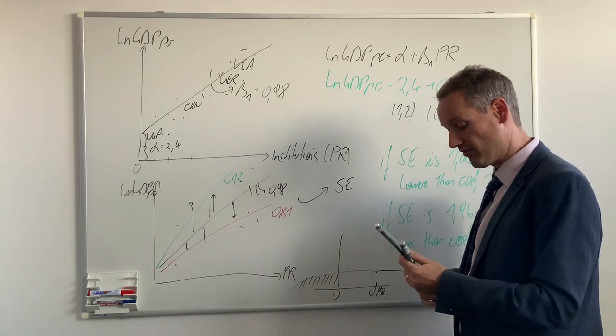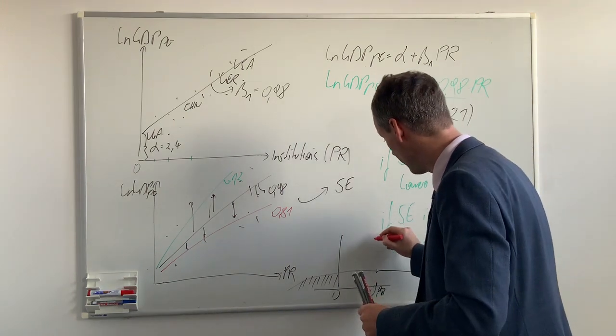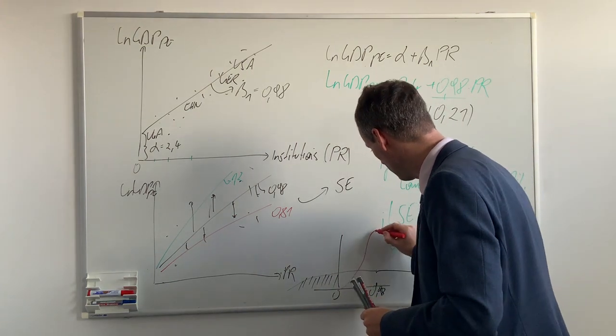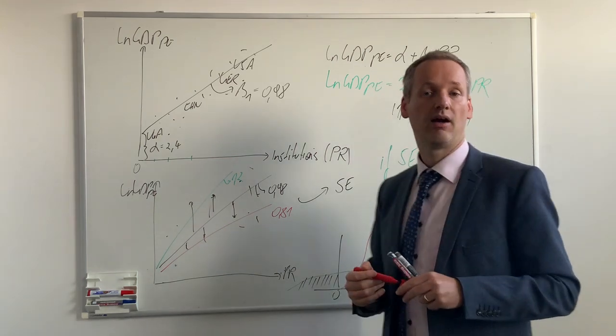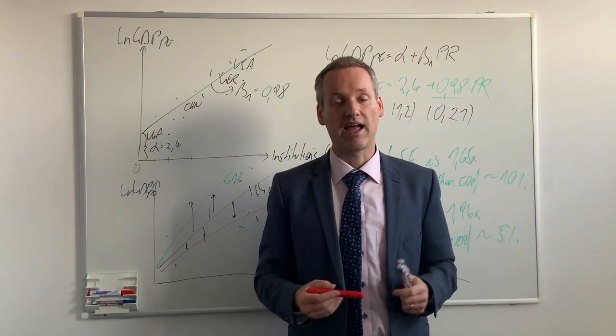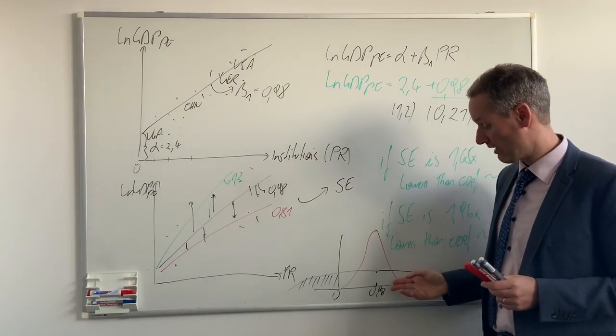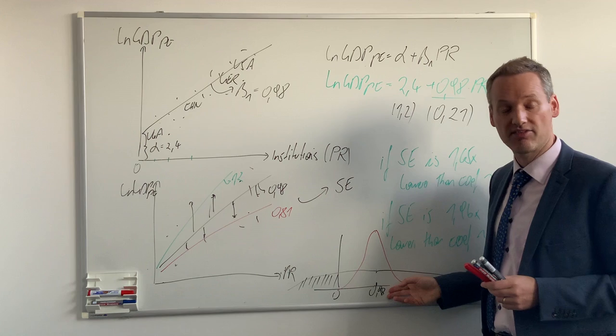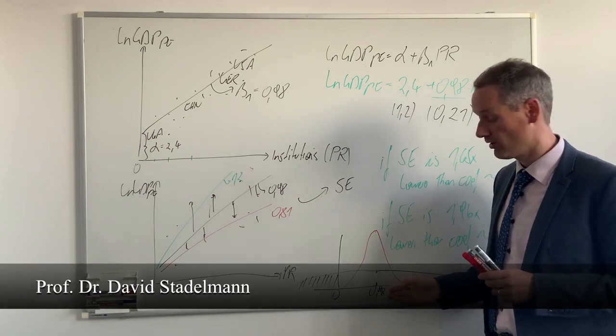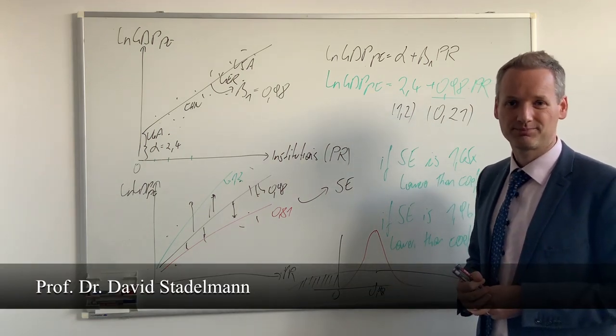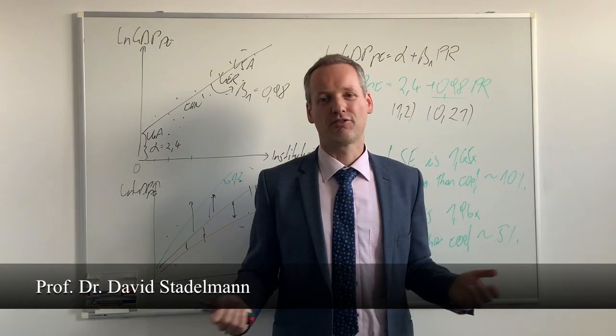Okay? Versus if the standard error is comparatively small, then I'm getting also a relatively precisely estimated curve. I'm getting a relatively precisely estimated coefficient, and that's what I usually want. Thank you very much for your attention.